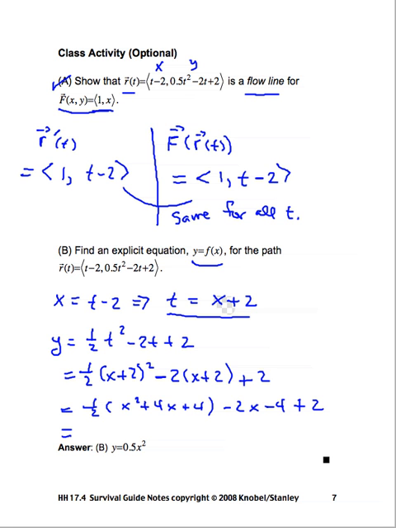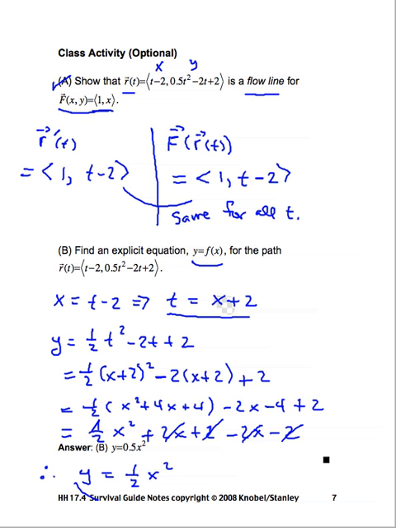And if I simplify this down a little bit more, I'm going to get 1/2 x squared plus 2x plus 2 minus 2x, and then negative 4 plus 2 is minus 2. And you can see the 2x's are going to cancel. The 2's are going to cancel. And so therefore y is equal to 1/2 x squared.